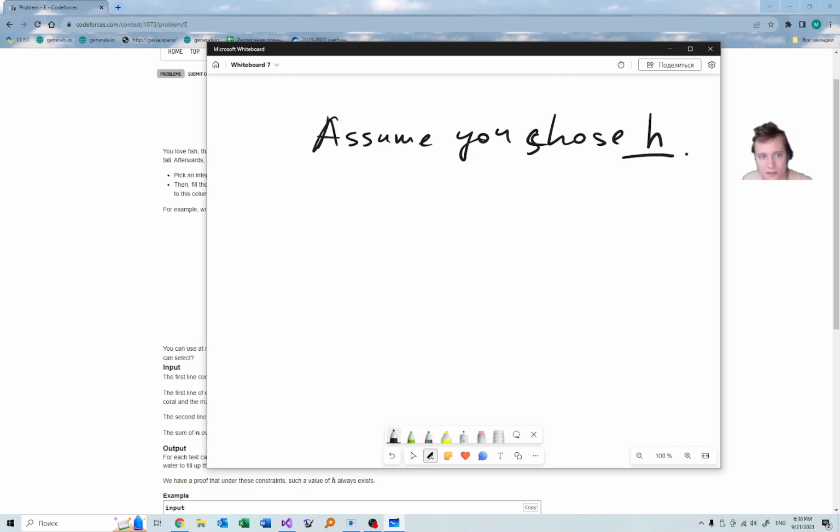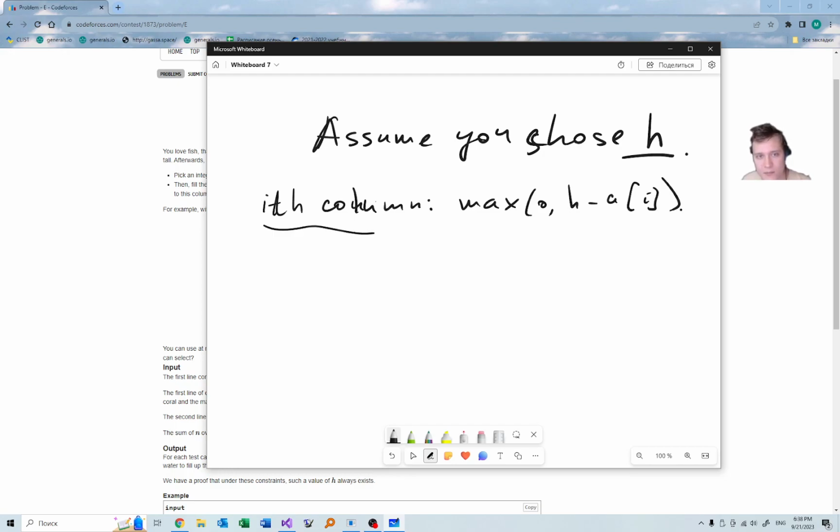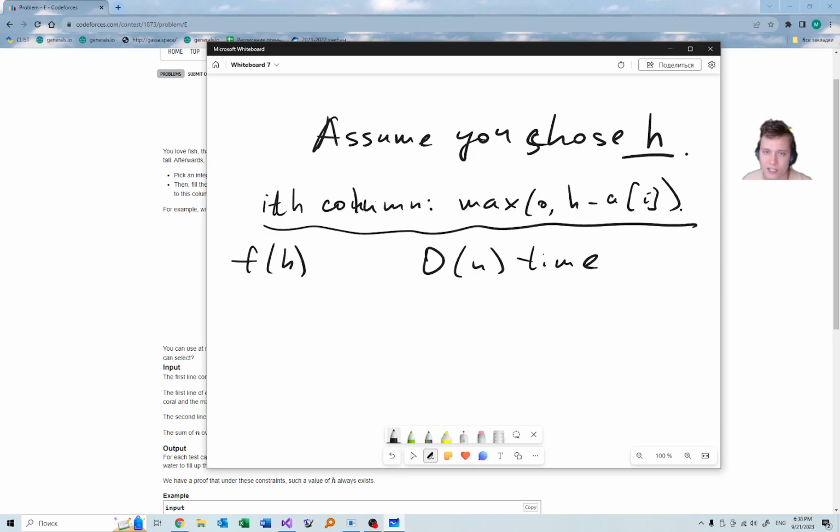Then in each column, you will get maximum of 0 and h minus a_i of water. So let's sum these things, and in O(n) time, we will get f(h), where f(h) is the amount of water, assuming that the height of the aquarium is h.